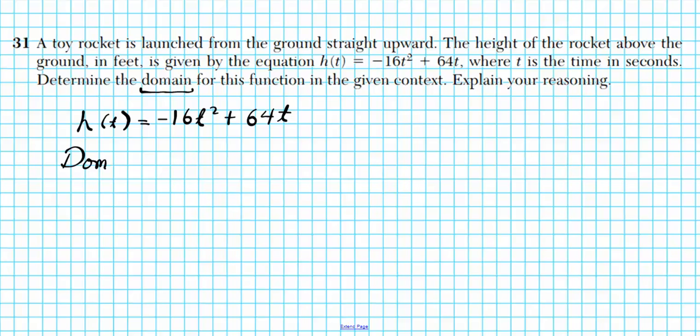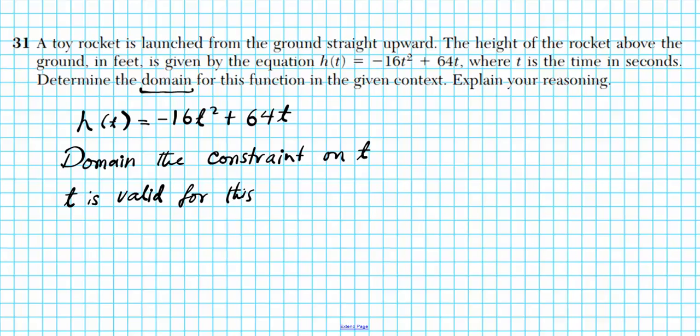So domain is basically the constraint on t in this case. Constraint on the time t. Okay, t is valid for this model from when to when? From launch, that's from the point in time when the rocket was launched till it hits the ground.